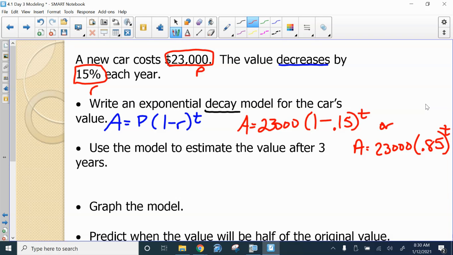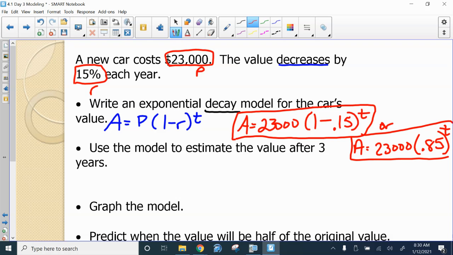It's just you might want to evaluate and make the parentheses smaller. You're more than welcome to do that, but you don't have to. If you just plug it in with the 1 minus 0.15, that's totally perfect, but it means the same thing as the 0.85. They're the same equation.